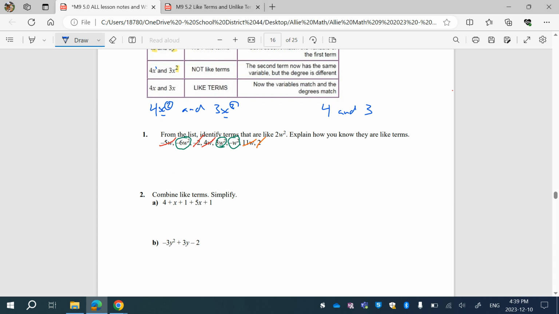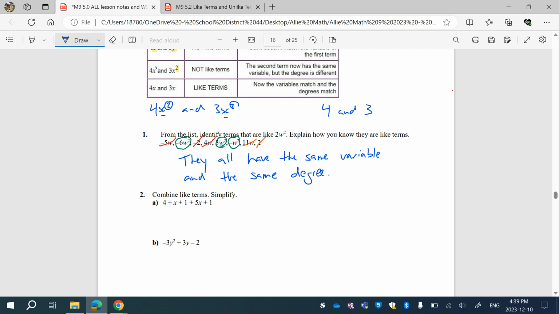I think I said that verbally, but I'm going to say they all have the same variable and the same degree.